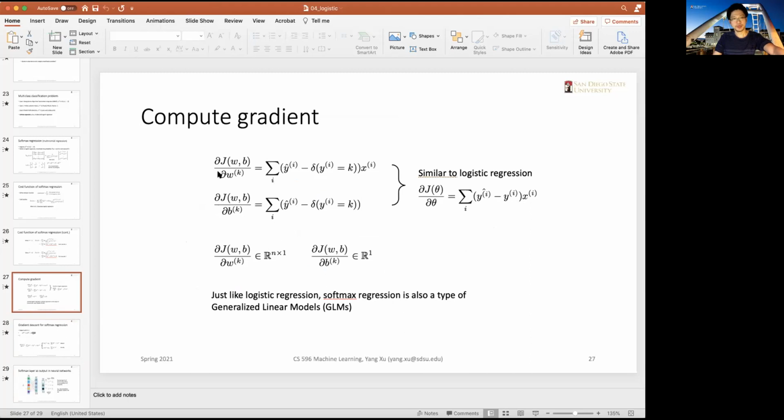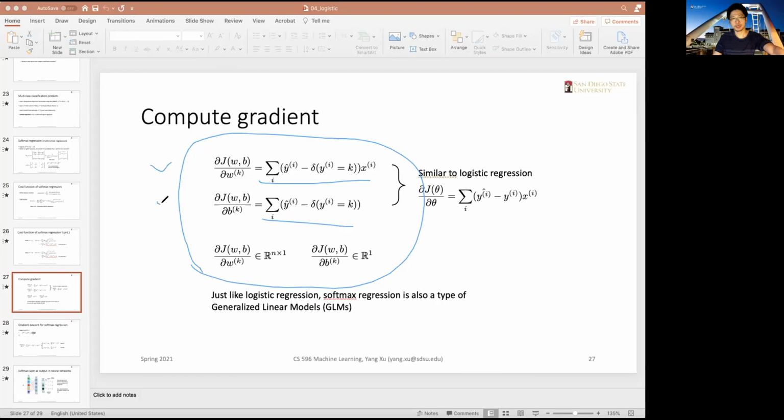On this page, I showed the equations for how to compute the gradients for a softmax regression model, but how we derive these terms is not shown in this slide. It's not required to understand how we derive these terms for softmax, because it's way more complex than logistic regression. But logistic regression is still a requirement. Oh, okay, thank you.